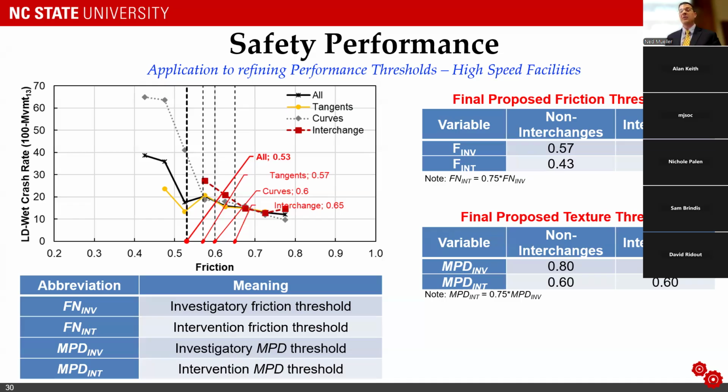And again, in this case, we look at other contributing factors like demand for friction and texture, which is going to be higher in interchanges and around curves, and we adjust based on it. And here we propose investigatory and intervention thresholds, cases where maybe let's take a closer look, friction may be contributing to crash rates, and one where we have pretty strong evidence that it is, whether or not it's collected in small areas.